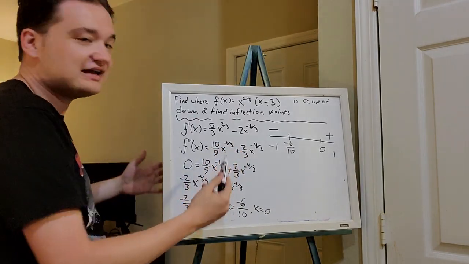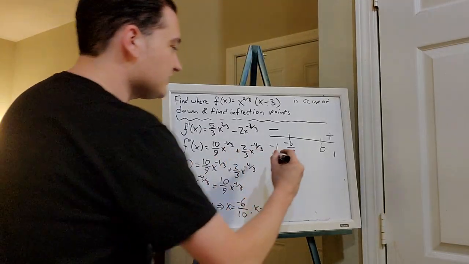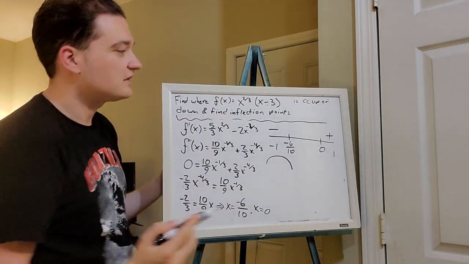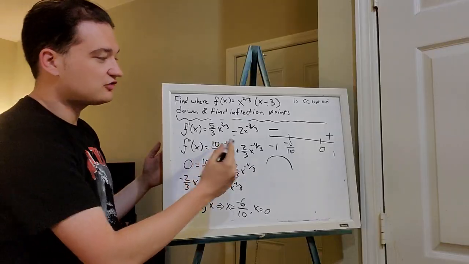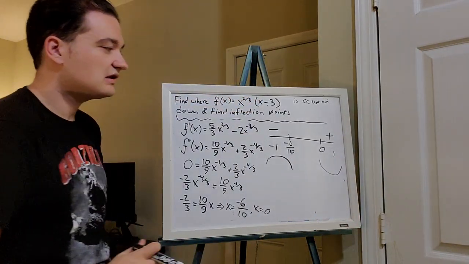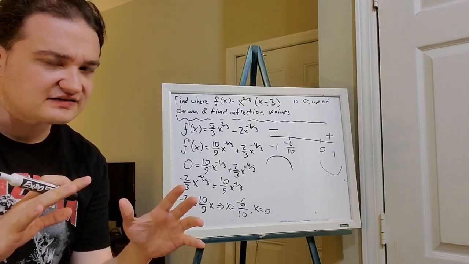So we get negative 10/9 plus 2/3, that's negative. This is going to be concave down. If we plug in 1, which is bigger than 0, 10/9 plus 2/3, this is concave up. What if we plug in a number between 0 and negative 6/10?